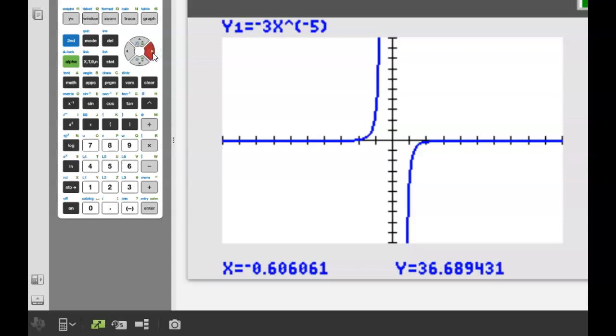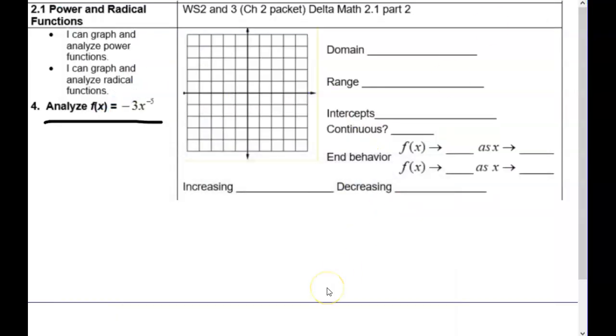It is in fact getting close to 0, for both x and y. All right, so you can just throw, I think it goes through this ordered pair, but I really don't care, just so you can show me the shape.